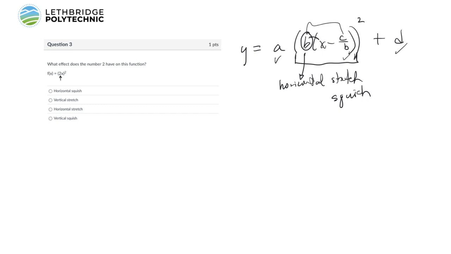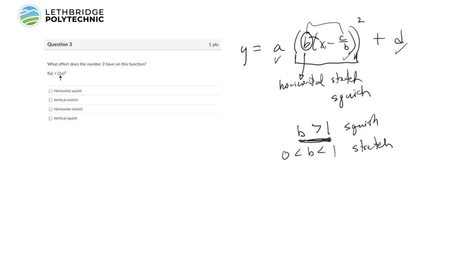So if b is greater than 1, then it's going to be a squish. But if b is in between 0 and 1, then it's a stretch. Sort of opposite what you'd think. Like if you think the bigger the number, the more spread out it gets, it doesn't do that horizontally. The bigger the b number, the squishier it gets.